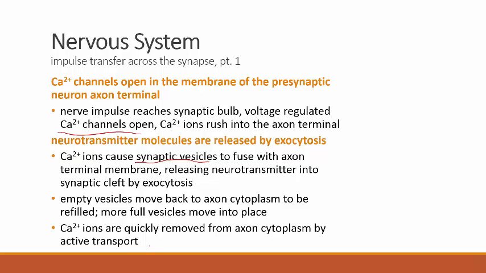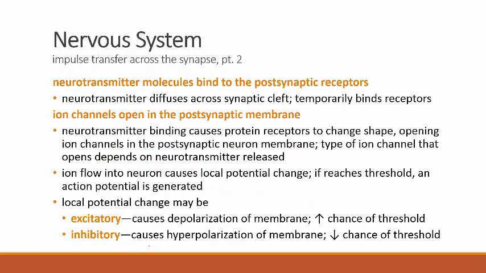What's happening to the neurotransmitter that we released into the synaptic cleft? Well, it diffuses. So diffusion is the method by which it moves across the synaptic cleft, and there it does this temporary binding to receptor proteins.